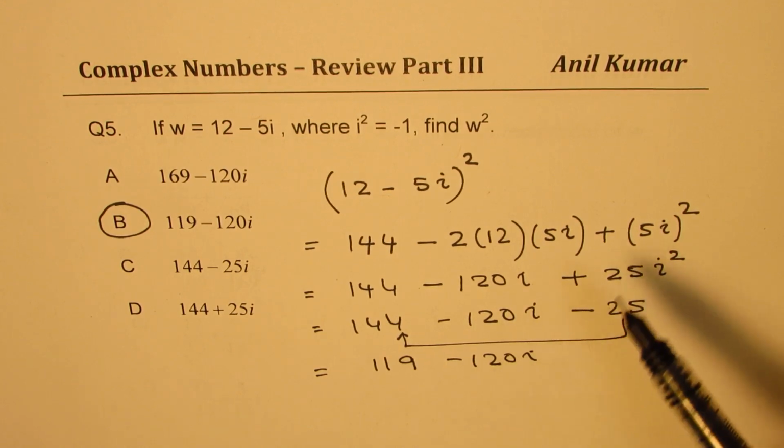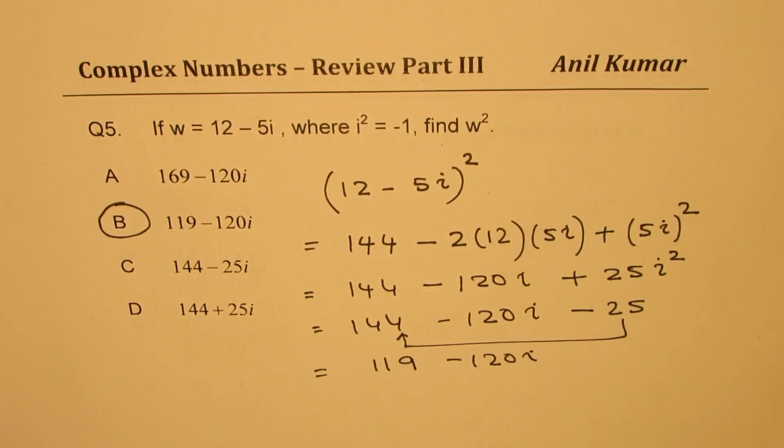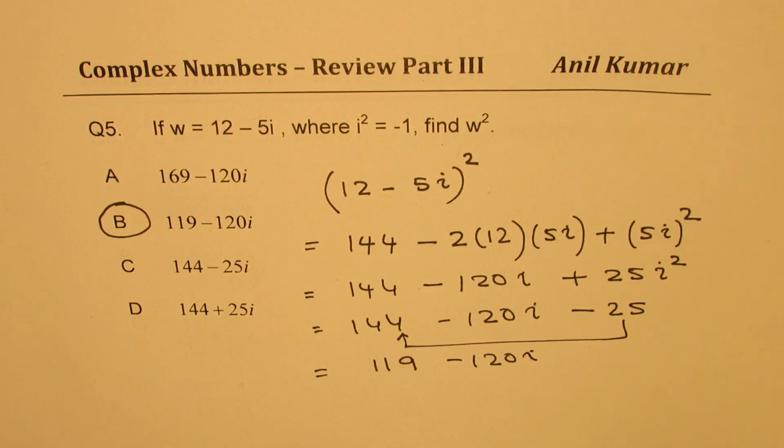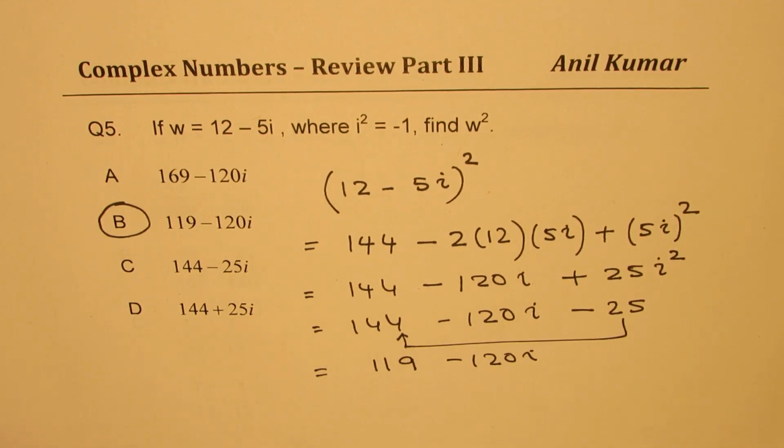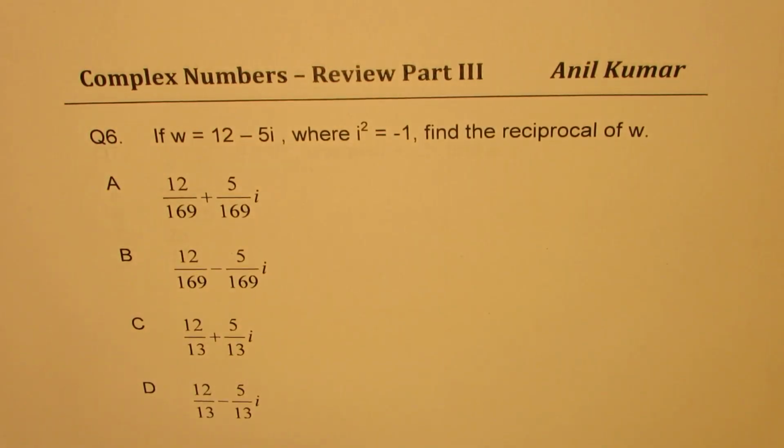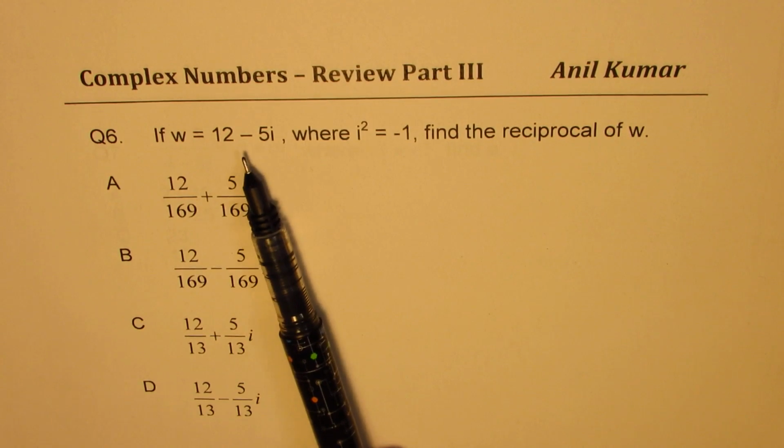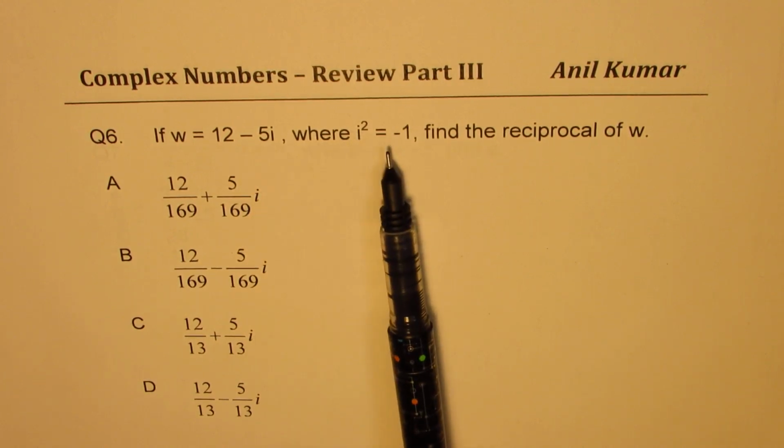So it is necessary for me to show you all the steps so that you understand how we are getting the right answer. However, it should not take more than a minute. Question number 6. W equals to 12 minus 5i, where i square is minus 1.